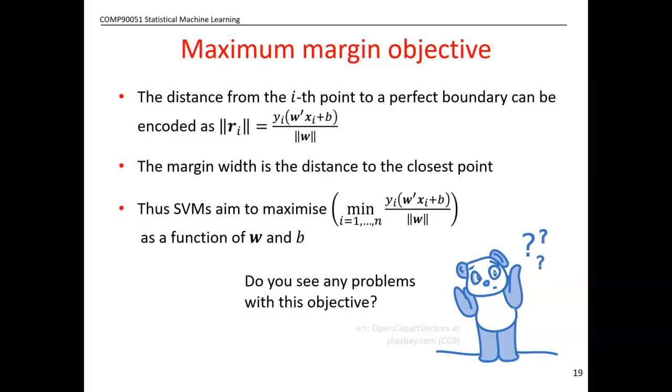It wouldn't be a better boundary, but the objective function wouldn't change. So I would have an underdetermined problem. I'd actually have an infinite number of solutions. Every W that just doubles its length or multiplies its length by 3.1 or whatever would also be a solution. So somehow that's not good.